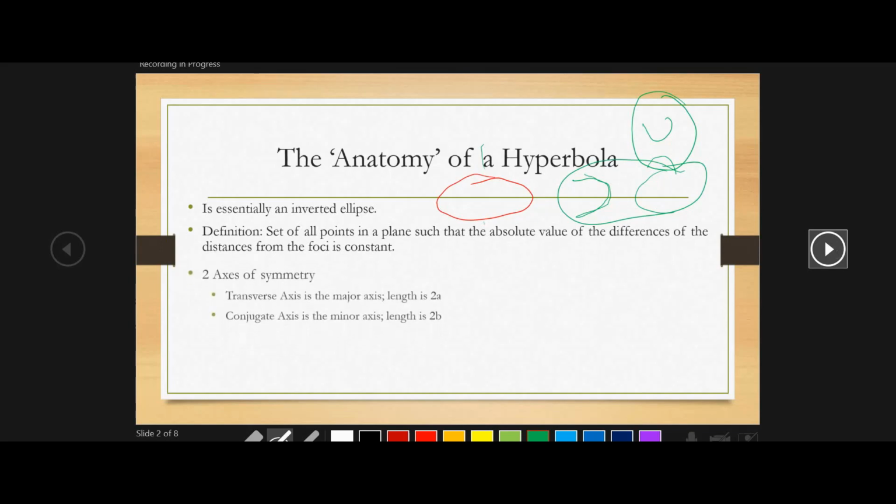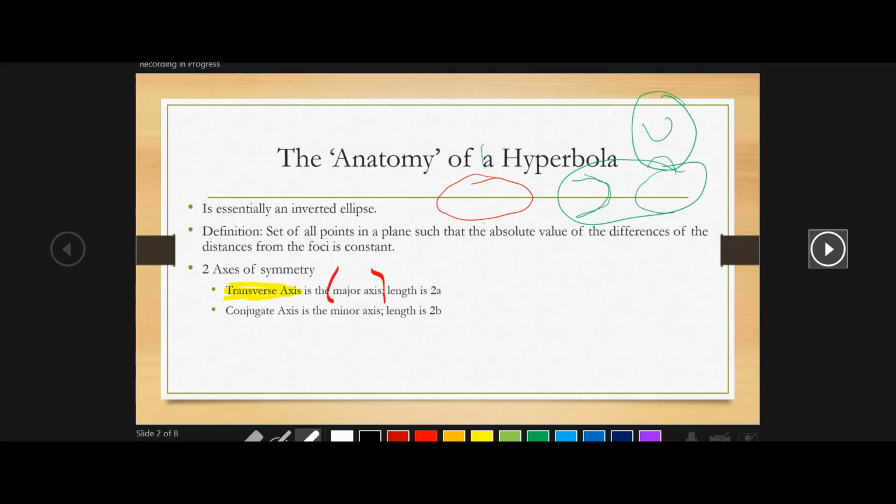With the hyperbola, just like with the ellipse, there are two axes of symmetry. There is slightly different vocabulary. The transverse axis is basically what we were referring to in the ellipse as the major axis. It's going to be the longer of the two axes, and that's the one that connects with the A, the A that's in the denominator.